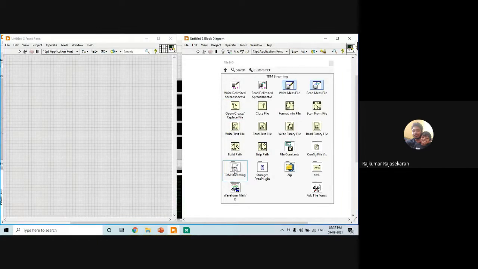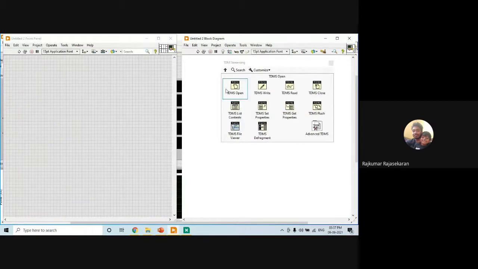And TDMS is no exception. It's a format used for scalable access to very large files, a TDMS stream. If you see, these functions are what we use.